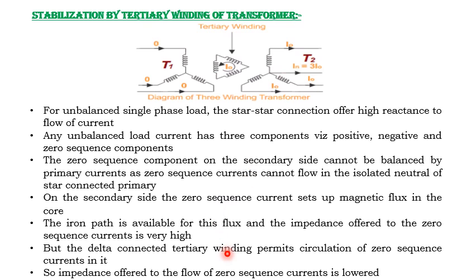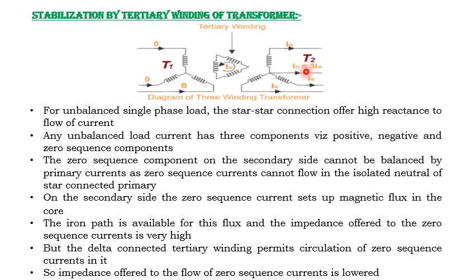But the delta connected tertiary winding permits the circulation of zero sequence current in it. So if there is a zero sequence component, the tertiary winding circulates the zero sequence component of the current itself. That means the zero sequence component current is suppressed here.